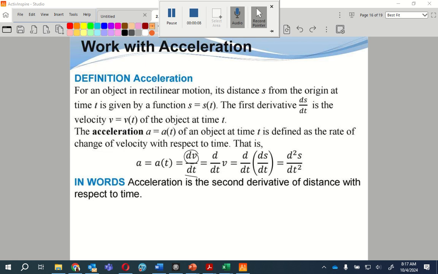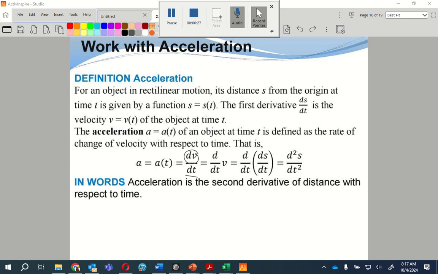We're picking up here, working with acceleration, 2.4. Definition: acceleration for an object in rectilinear motion. Its distance s from the origin at time t is given by the function s of t. So s is the distance or the position where it's at a given time.